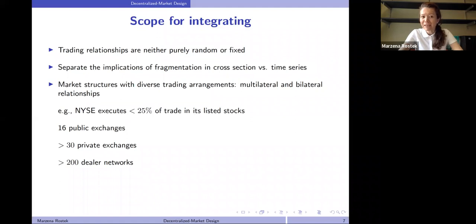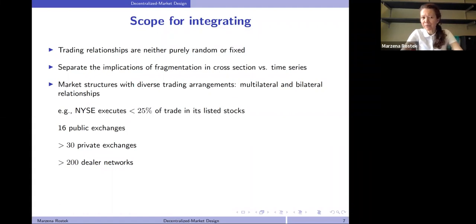Third, just as the classical equilibrium theory assumes that there is a single exchange for all traders and all assets, i.e. the centralized market assumption, the opposite assumption is suitable for over-the-counter markets. Most transactions are bilateral. Now, in other markets, for instance, equity markets, now bond markets, traders can also participate in exchanges, private or public.